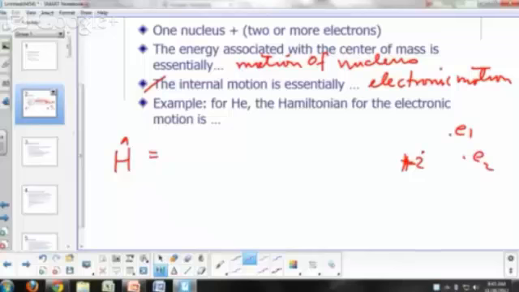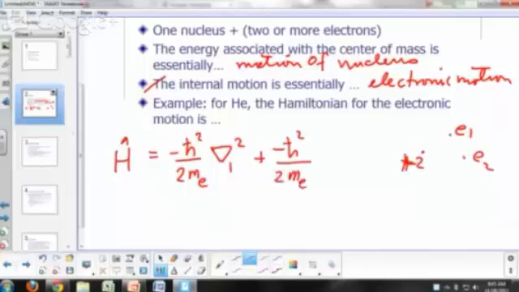Kinetic energy of electron 1 would be negative h bar squared over 2 times mass of the electron times del 1 squared, plus kinetic energy operator for electron 2, which would be negative h bar squared over 2 times mass of electron times del 2 squared, where del 2 would be the sum of the second derivatives with respect to x, y, and z of electron 2.